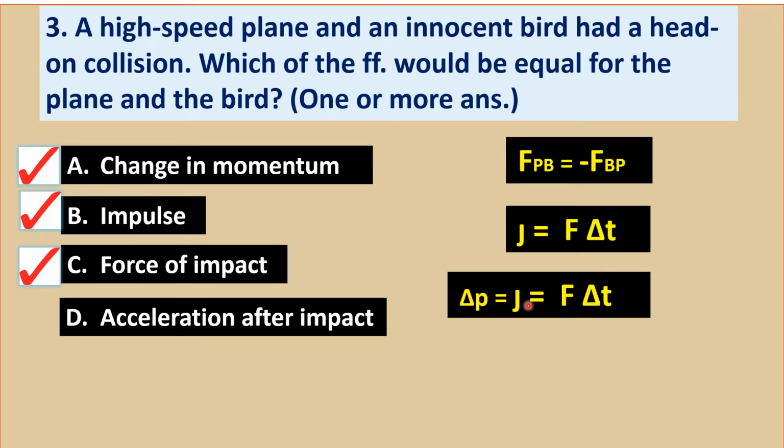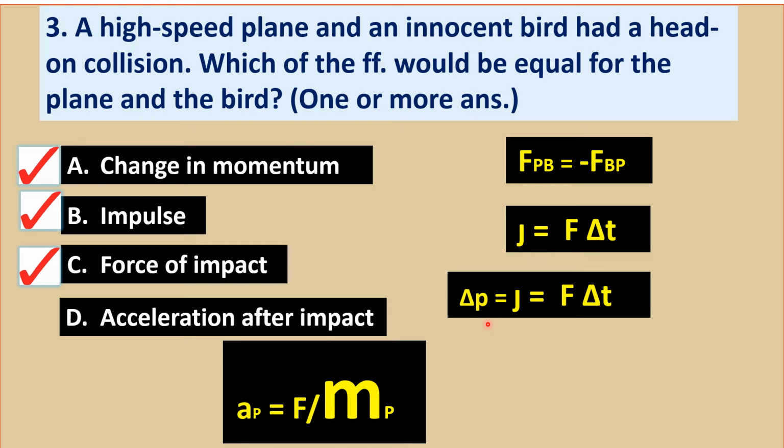Therefore, it should also follow that if the impulse that each body, the airplane and the bird, would receive are equal, then it follows that their changes in momentum are also equal in magnitude, but not acceleration.